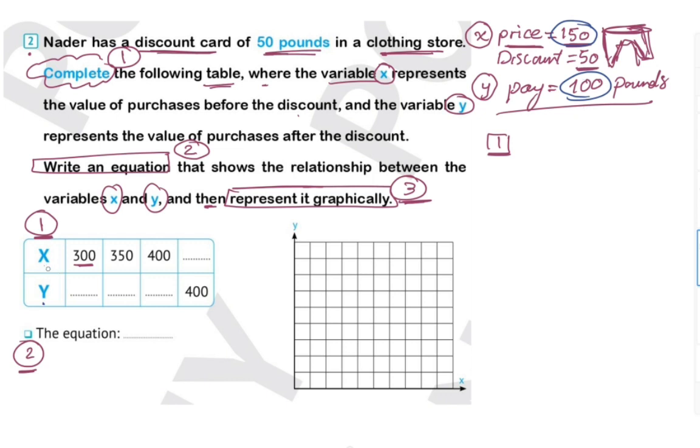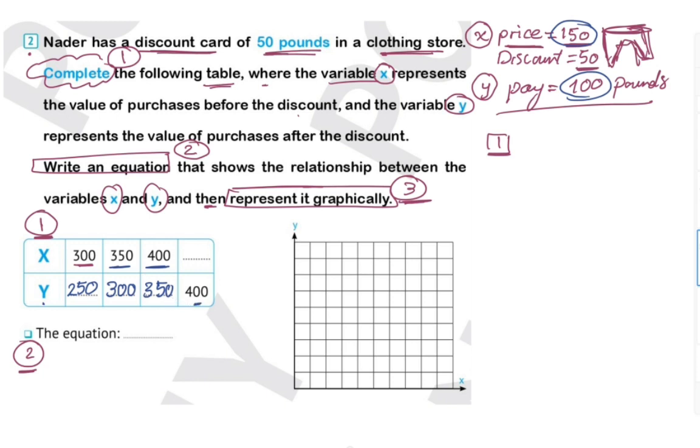Now, if I buy something with 300, after discount 50 it will be 250. If the original price is 350, I will pay 300. The original price is 400, I will pay what? 350. Now, note with me, x is blank and y is given.